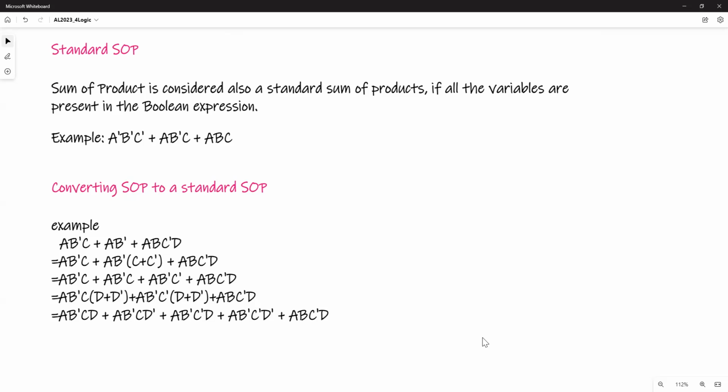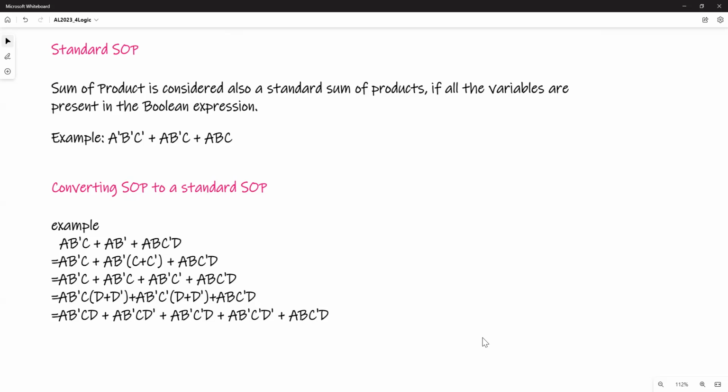Are we clear up to this point? Yes, right. So what are the steps? When you're given SOP, SOP means sum of products. The variables are multiplied with each other and then you get the sum of it.